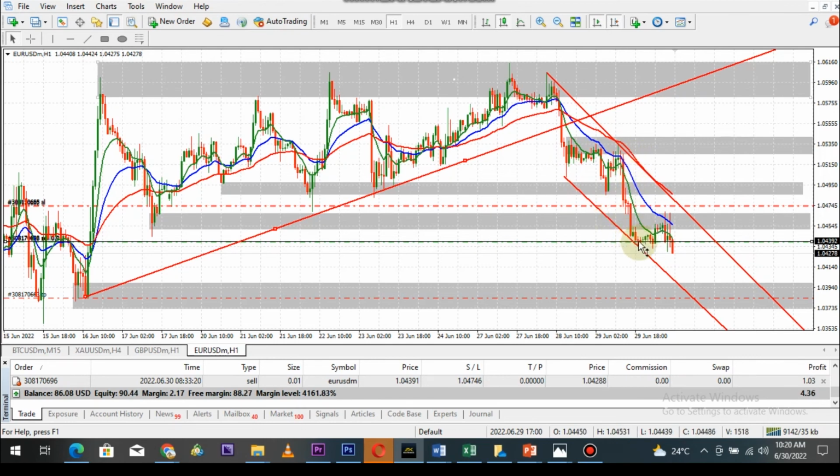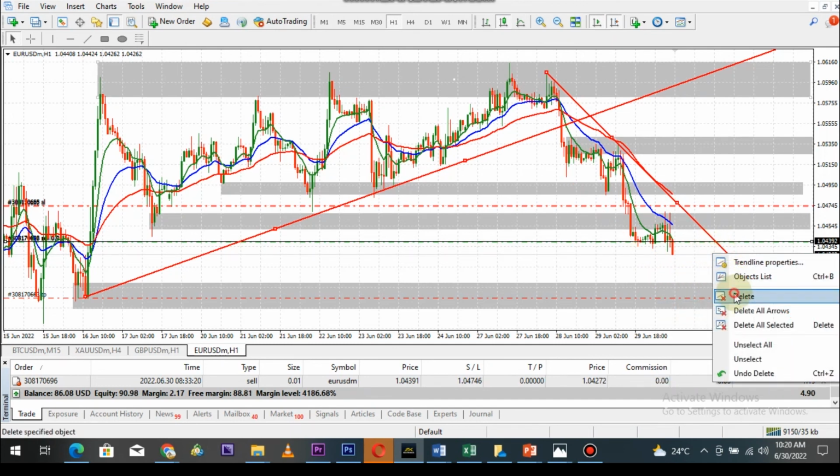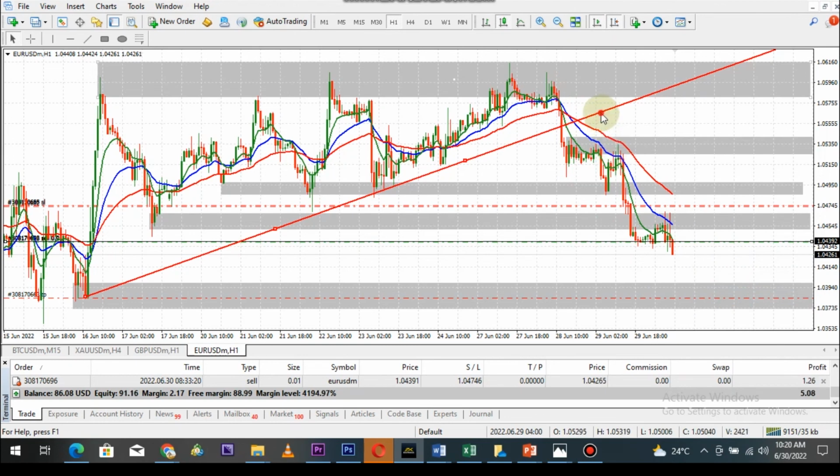It touches a support, it touches resistance, it touches a support here, and now it's almost touching the resistance. It went down. So we're expecting it to come down to touch this support, then possibly bounce back here and continue on the downtrend until it breaks out. All right, so this is how you draw your dynamic support and resistance zones.